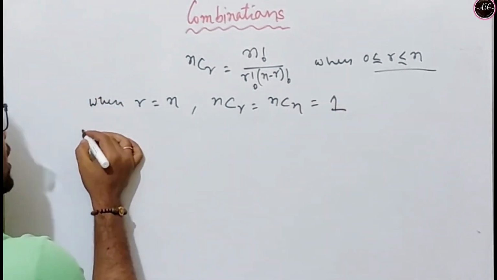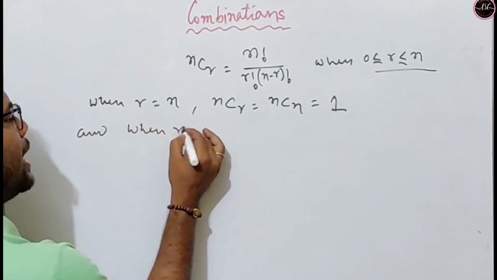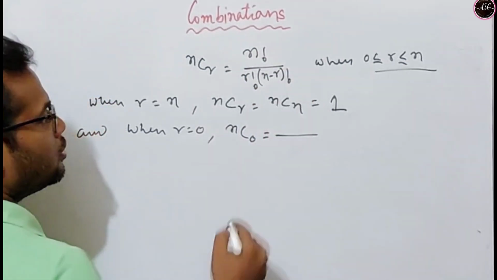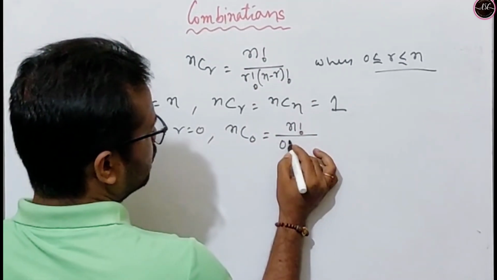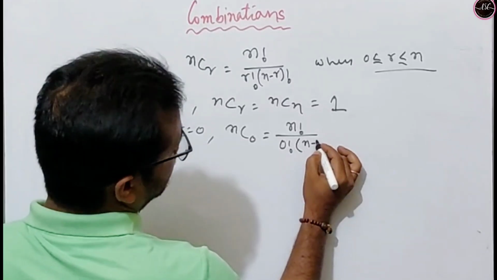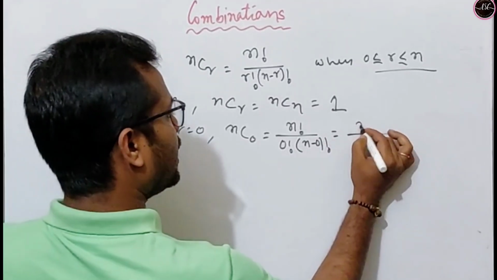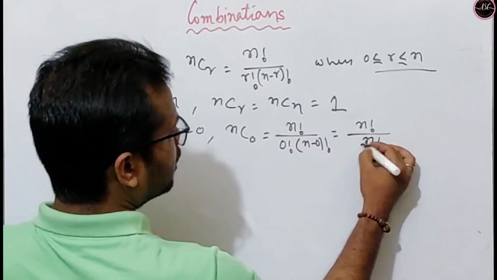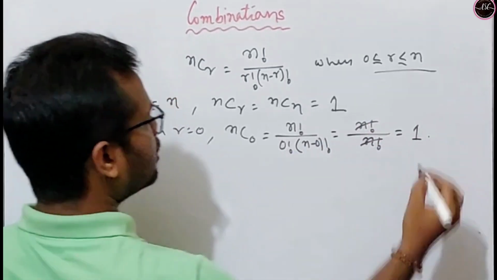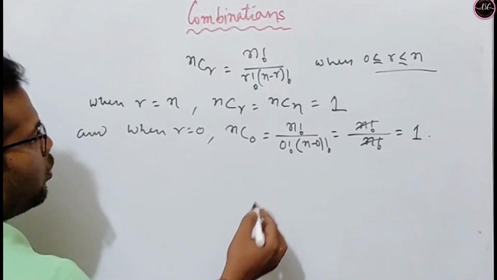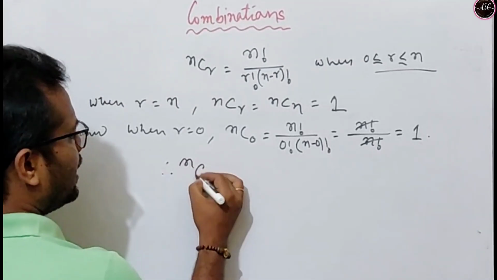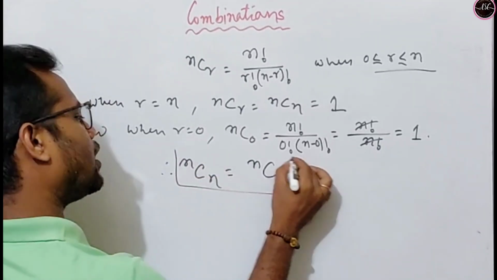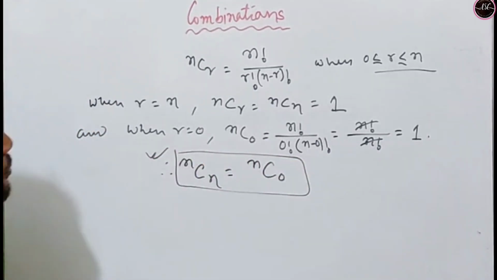And when r equal to 0, the value of this will be nC0, that means just putting the value here, n factorial divided by 0 factorial into n minus 0 factorial. This will be n factorial divided by 0 factorial equal to 1, and n minus 0 equal to n factorial. So n factorial will be cancelled out. This will be 1. So we can write nCn equal to nC0. Okay, this is also important.